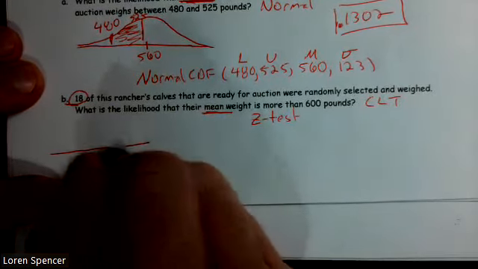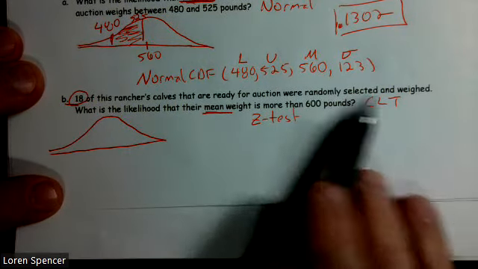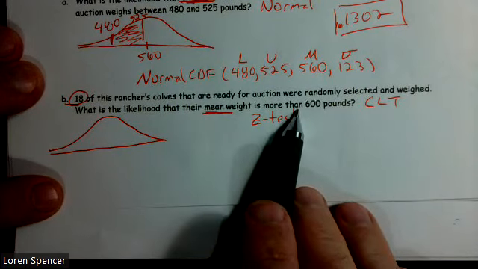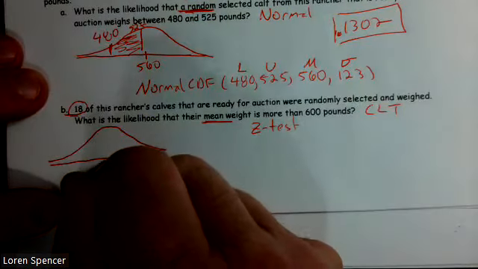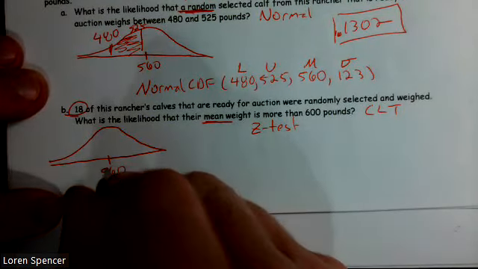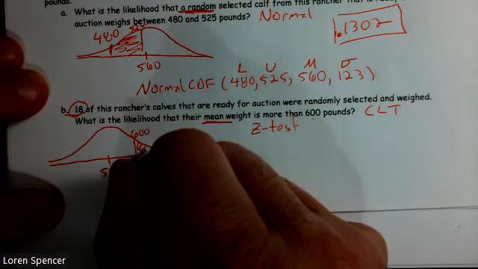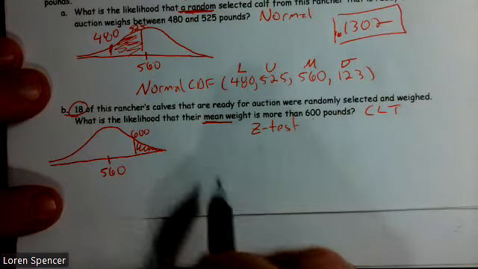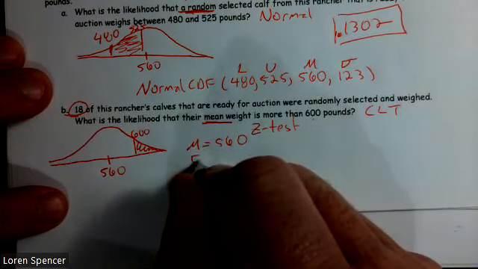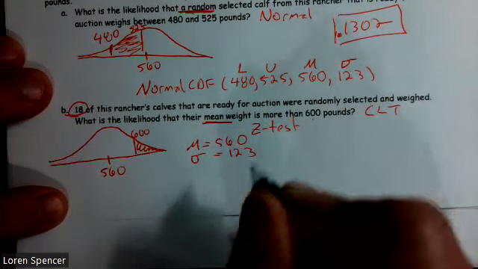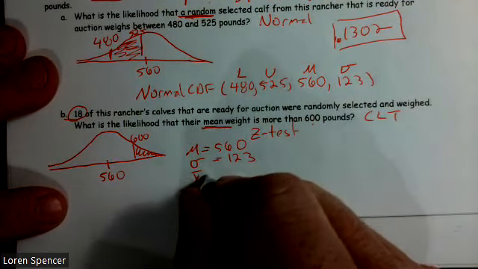So with that said, the population mean, the mean is the mean is the mean. So our population mean is 560. And they want to know what's the probability of having more than 600. So that's our picture. And mean 560, standard deviation 123. They gave us that earlier. X bar, the sample mean.